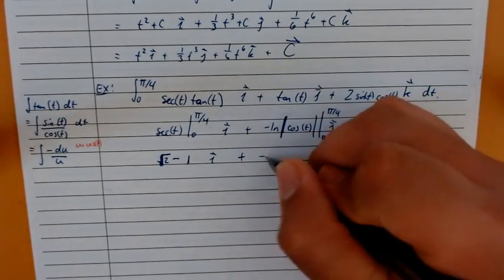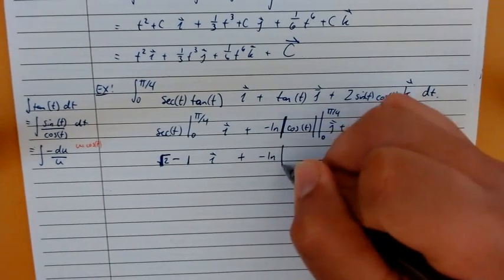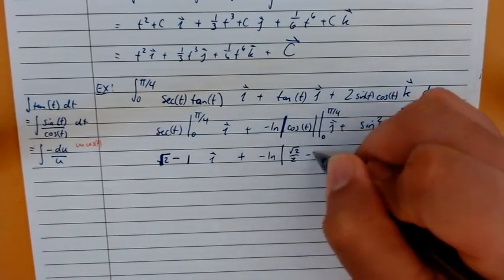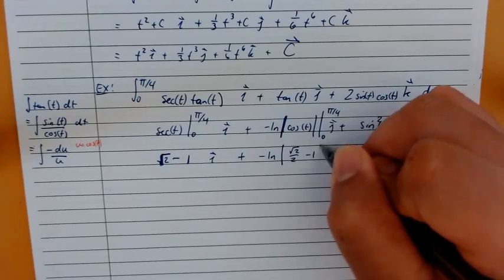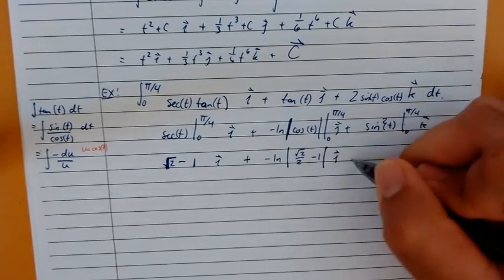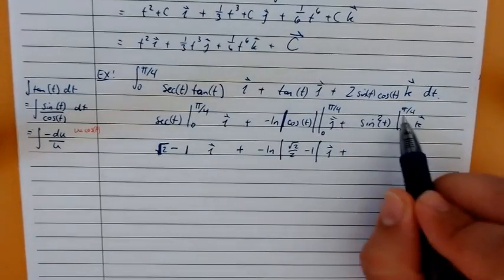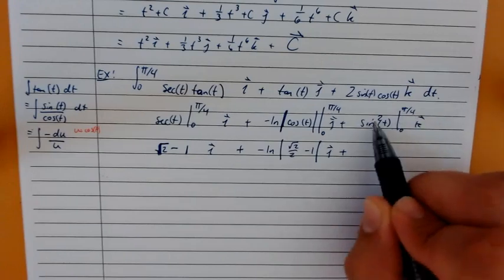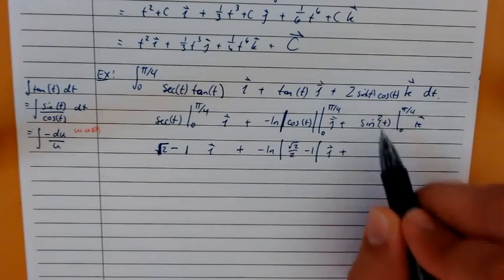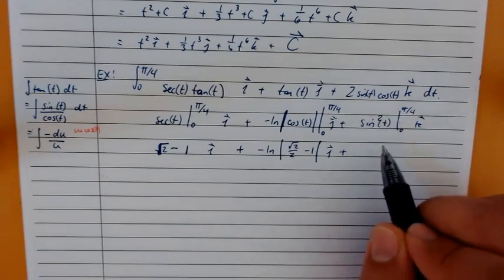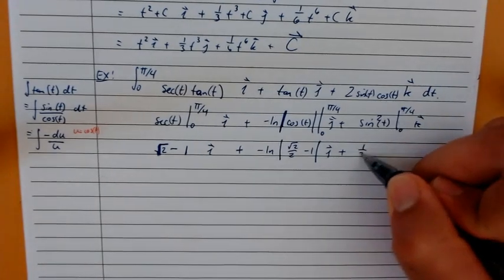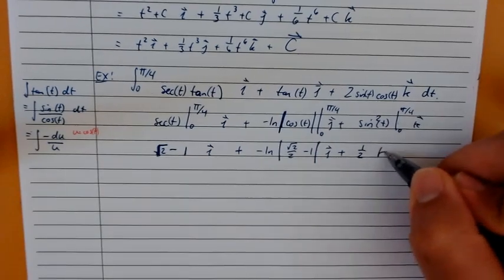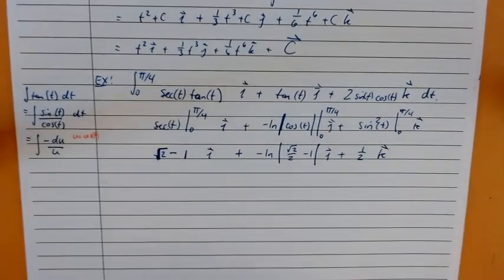So that'll be negative the natural log of the absolute value of root 2 over 2 minus 1, j, plus, and then here, the sine of pi over 4 is the square root of 2 over 2. But then we're squaring that. That'll give us just 2 over 4. In other words, 1/2. And then the sine of 0 is 0, which if you square it is still 0. So that's our result there.